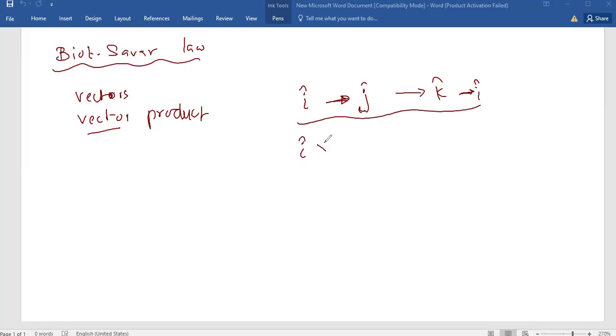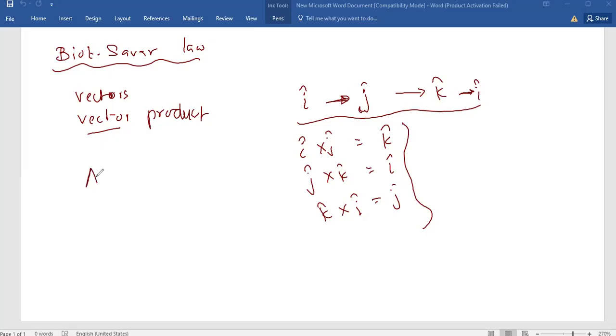If we have i cross j, that will give us k cap. If we have j cross k cap, it will give us i cap. K cross i cap will give us j cap. Anything other than that will give us a minus sign. So j cross i will give us minus k cap. So we should be aware of this.